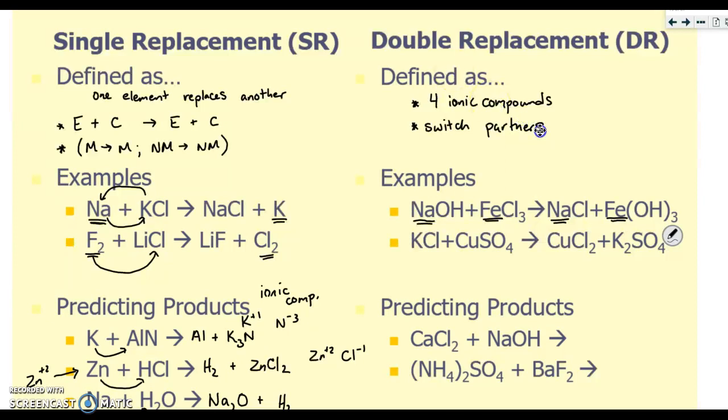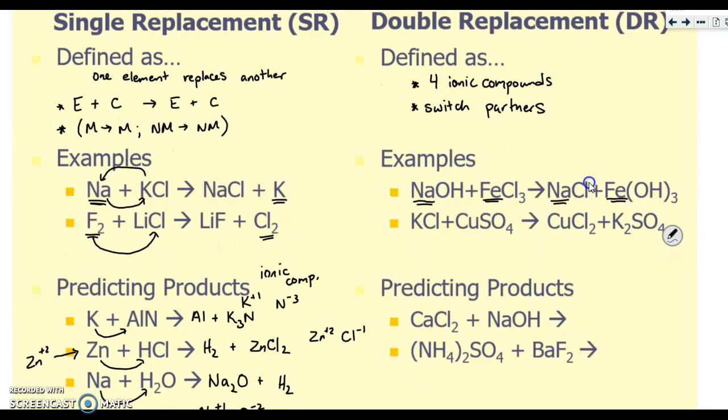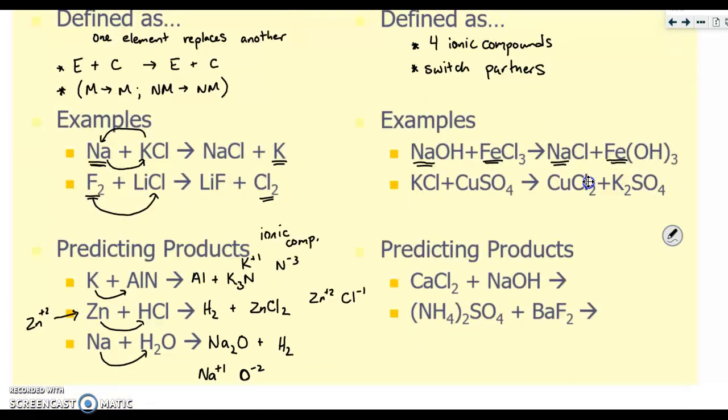We can also predict our products for these. Once again, you are going to make the assumption that you are producing ionic compounds, because that's what you will be producing. And you're going to switch partners.